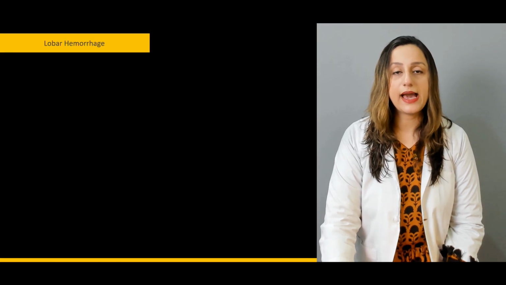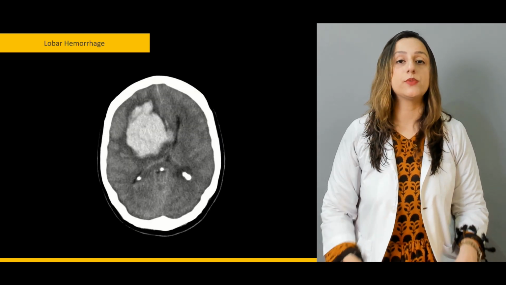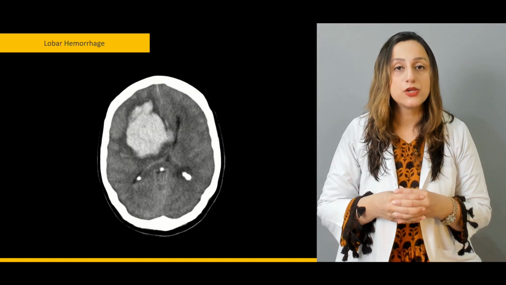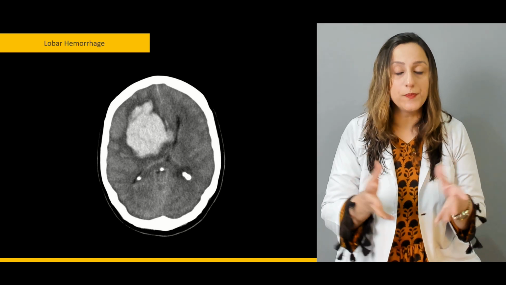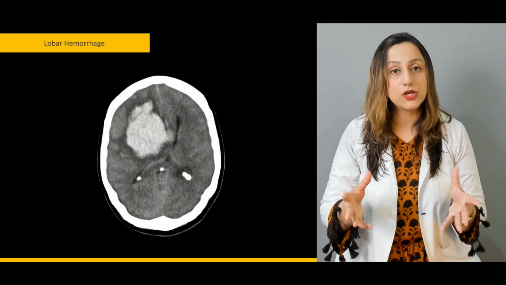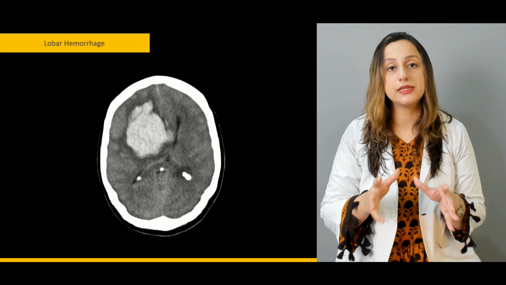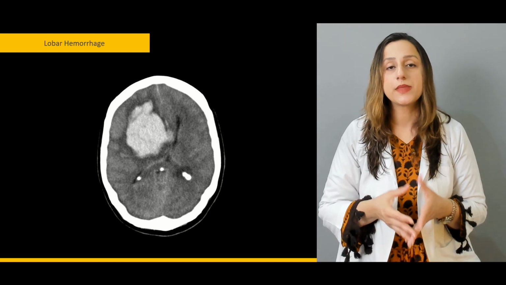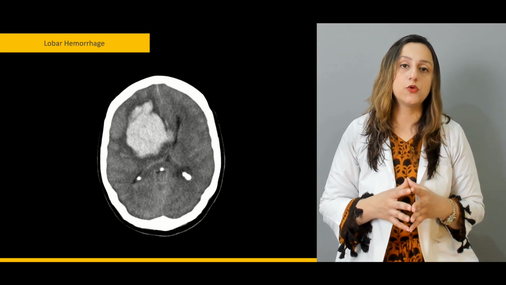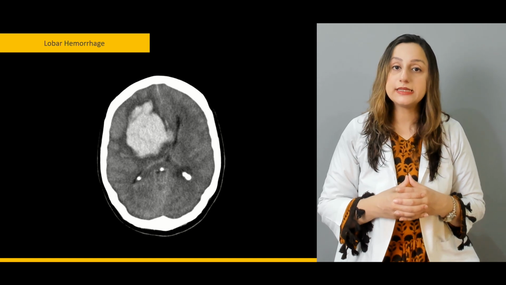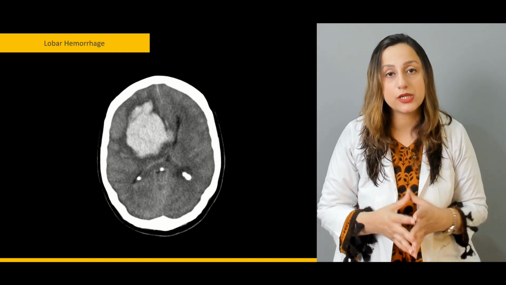Then moving on, we have the lobar hemorrhages. We must note the important lobes: the frontal lobe, the temporal lobe, the parietal lobe, and the occipital lobe. If the occipital lobe is affected, the patient usually presents with hemianopia.